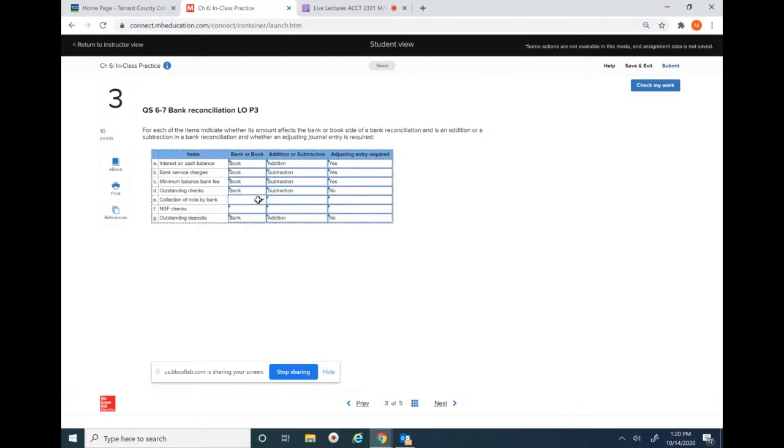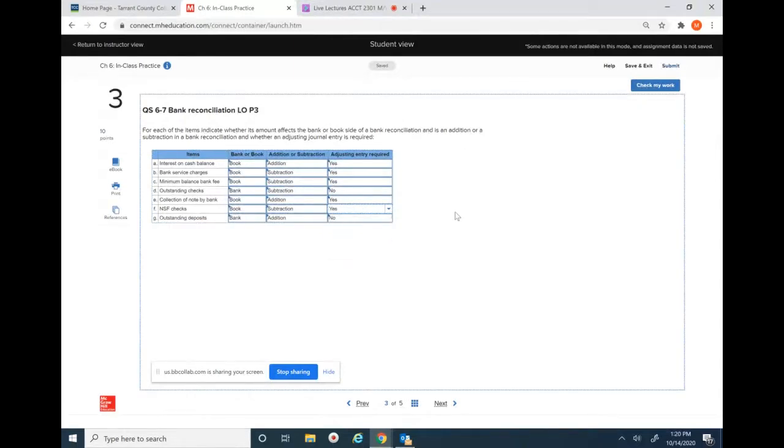So collection of notes by the bank, that would be an adjustment on the book side. We'll have to add that to the balance. And yes, a journal entry should be prepared. Non-sufficient funds checks reduce the book's balance. So subtract those, and a journal entry has to be prepared.